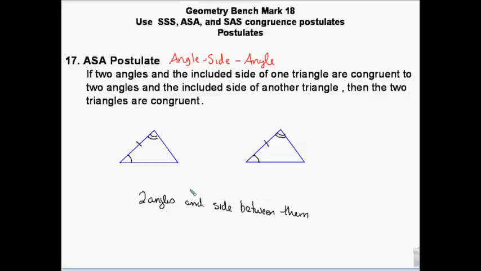So far, okay? And the reason this works is because this side being in between the two angles, and then this angle opening as far as they are, it forces these sides to be the same length. So that's why that one works.